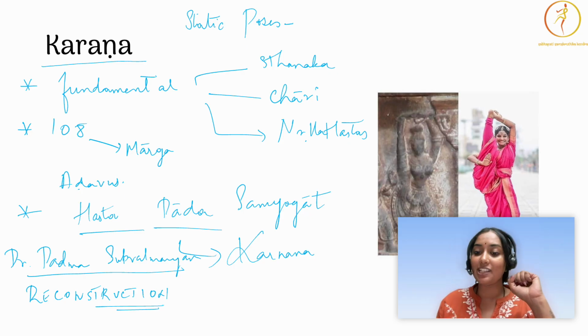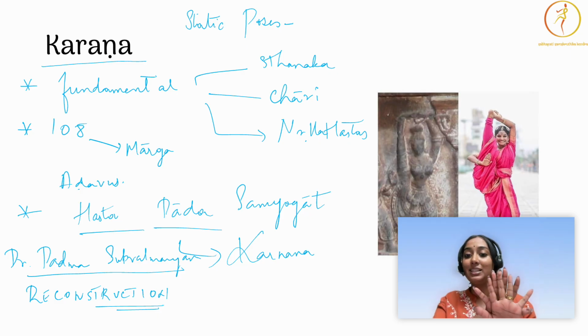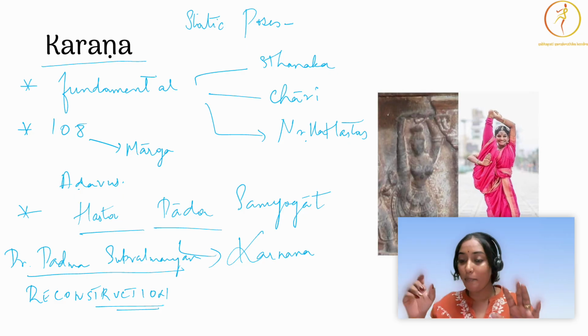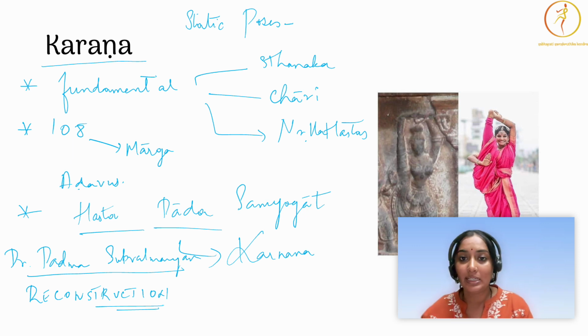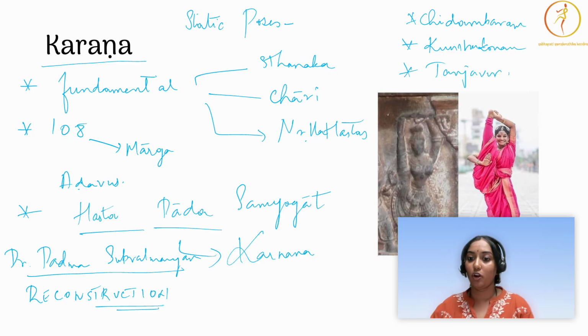Padma Subramaniam juxtaposed these definitions with the temple sculptures. Karanas are engraved permanently into panels of temples like Chidambaram Nataraja temple, Kumbakonam Sarangapani temple, Tanjavur Brihadishwara temple, and a temple in Indonesia called Prambanan.